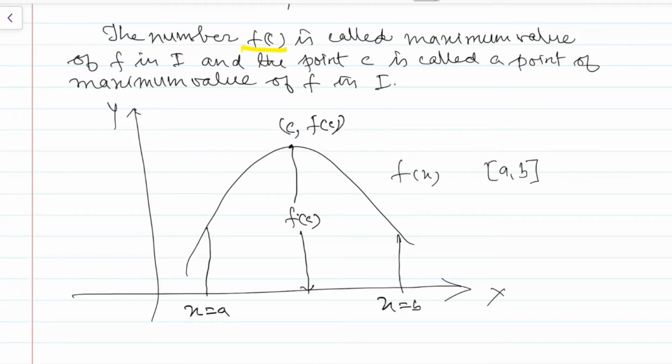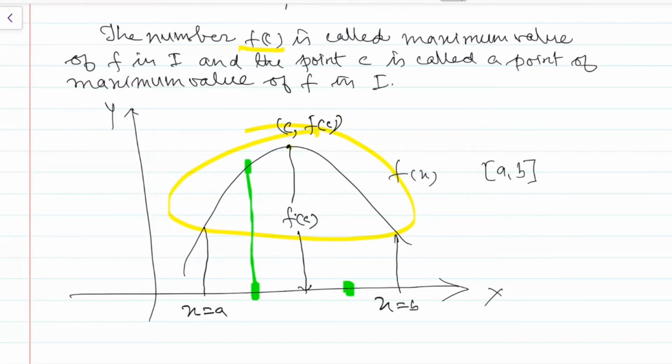Now if you observe the graph carefully, this is the highest point in this whole interval. If you take any value of x, this value or this value, or for that matter any value, the value of the function will always be lower than this value f(c).